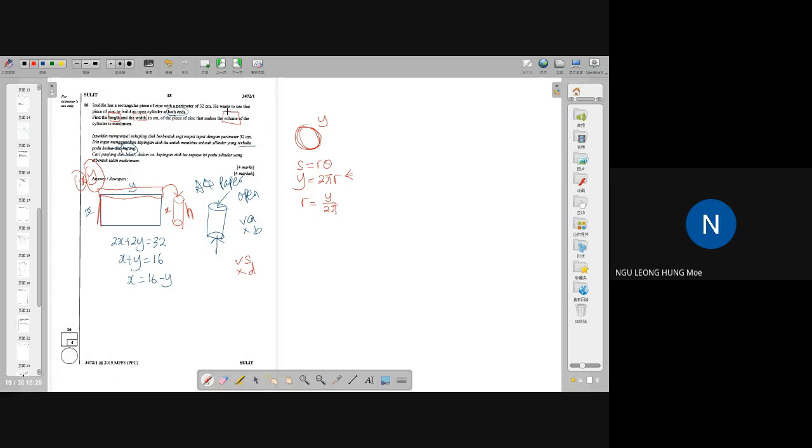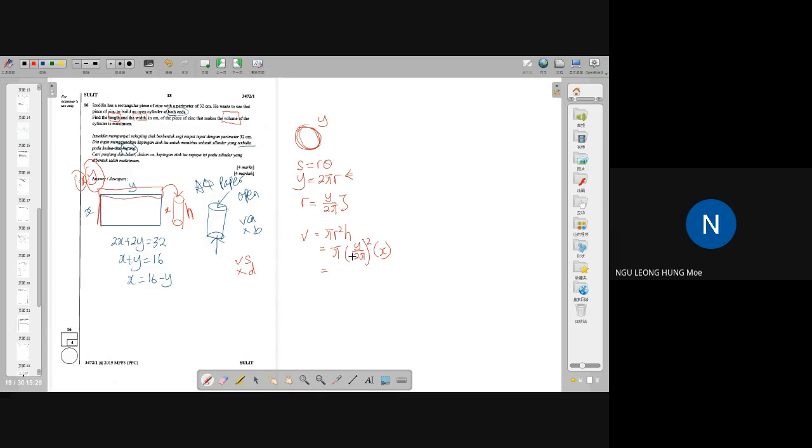Okay, kalau kita nampak volume, automatically volume of the cylinder will be apa dia? Pi r square H. Pi r square H. H ialah S kan? H ialah S. And R, yes, ini. So kita substitute dia. Pi Y over 2 pi square, H ialah X. Okay?